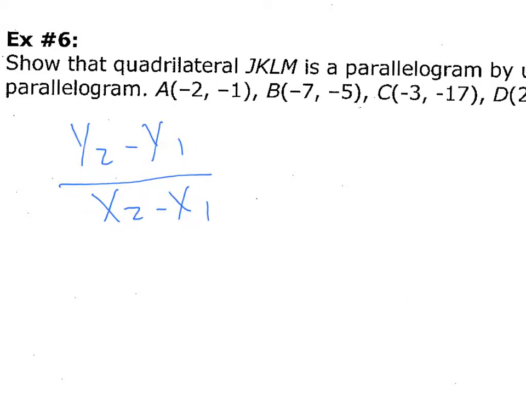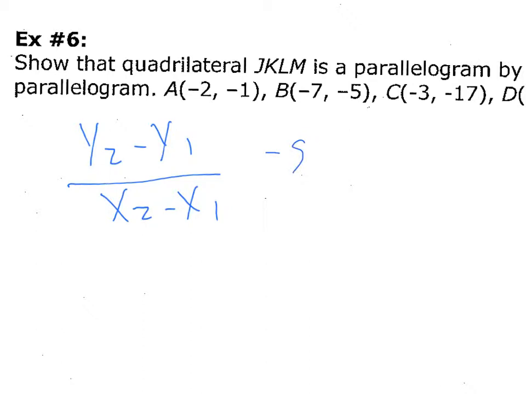So if you plug that in... Excuse me, I'm struggling today. Let's try that again. If you did that, it would be -5 minus -1, and then -7 minus -2.